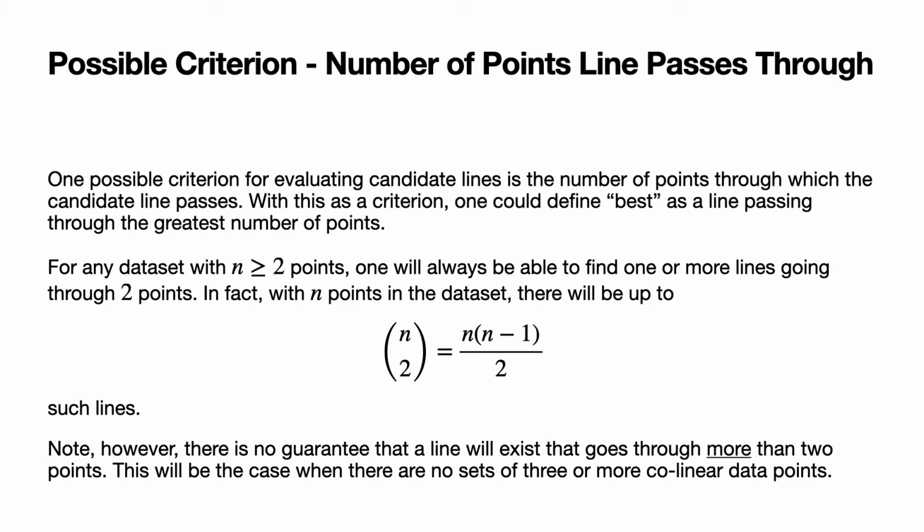In fact, with n points in the data set, there will be up to n choose 2, which is n times n minus 1 all over 2 such lines. Note, however, that there is no guarantee that a line will exist that goes through more than 2 points. This will be the case when there are no sets of 3 or more collinear data points.